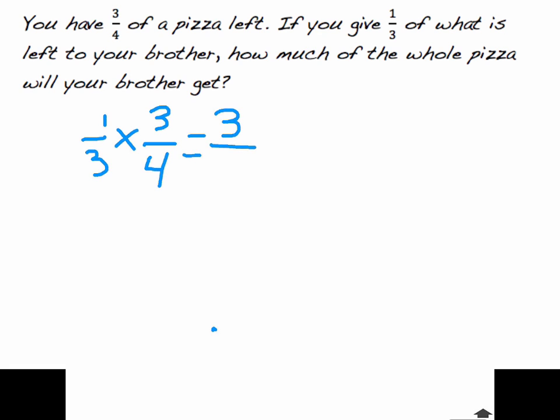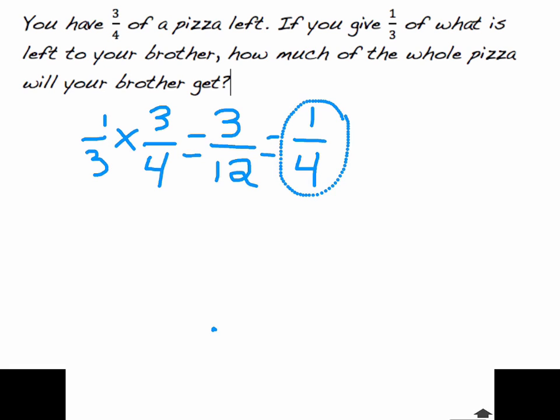And then multiply our denominator straight across. 3 times 4 is 12. This is not our final answer yet because we still need to reduce or simplify. 3/12 reduces down to 1/4 because both 3 and 12 are divisible by 3. So 3 divided by 3 gets us to 1, and 12 divided by 3 gets us to 4.